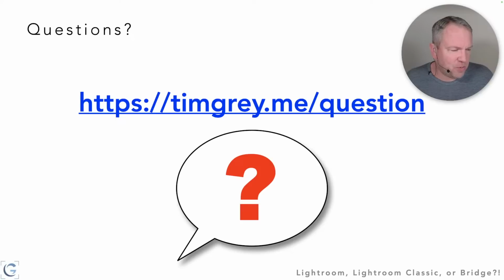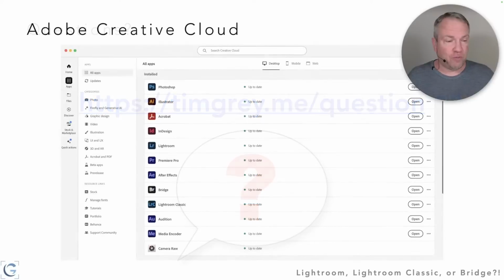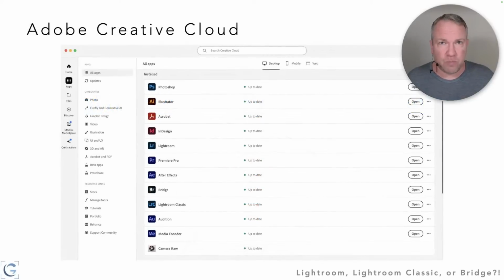And I also want to talk about the bigger picture here to start off with. So of course we're here to talk about Lightroom, Lightroom Classic, and Adobe Bridge. We'll get to those apps in just a moment here. But I also wanted to emphasize that these applications are part of a larger Creative Cloud. I'm going to use the word ecosystem because that's a word that I will come back to a little bit later.